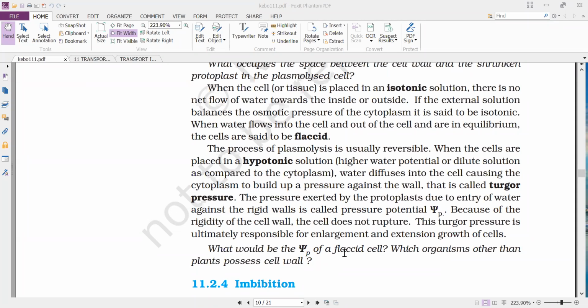Protista also have, sir. Okay, unicellular plants, that is, photosynthetic protists. Photosynthetic protists have a cell wall. So photosynthetic protists, bacteria, and fungi have a cell wall.